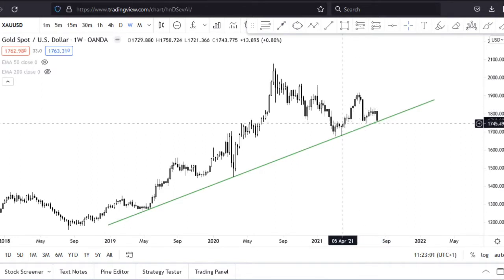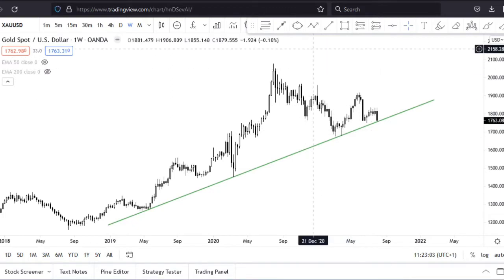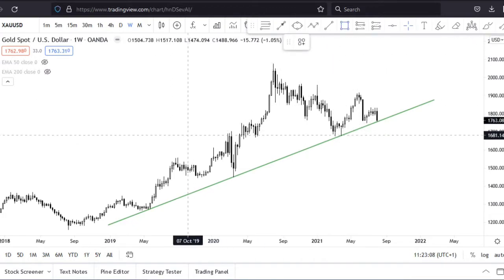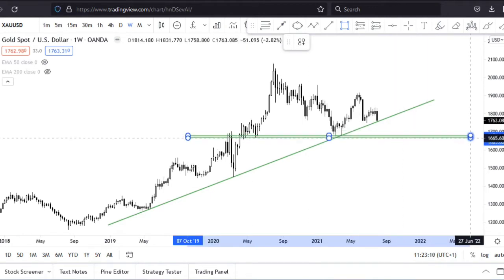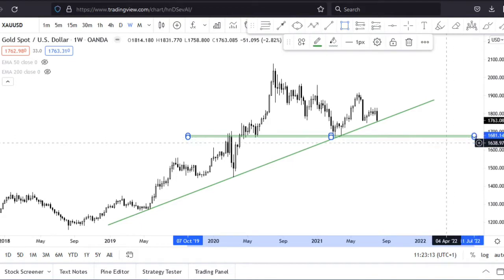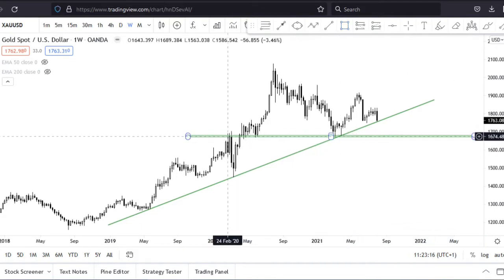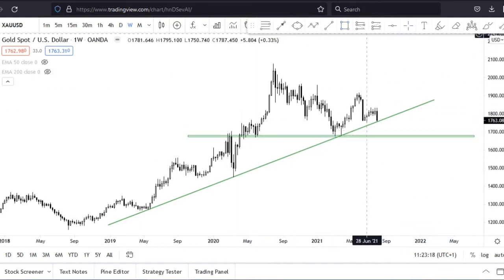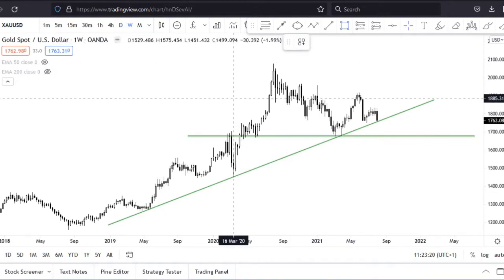So next thing I'm going to do is try to identify our key areas of support and resistance, and that's where we'll be looking to take our trades from. Okay, so on the weekly time frame, you can identify this area here that has been tested several times. Here as well, you can identify this one.